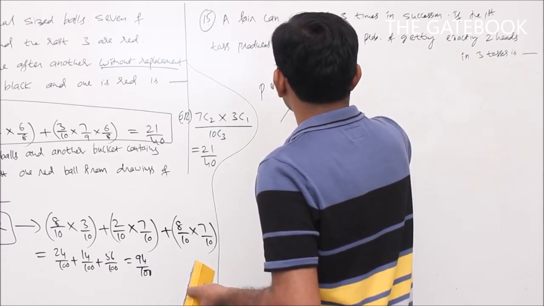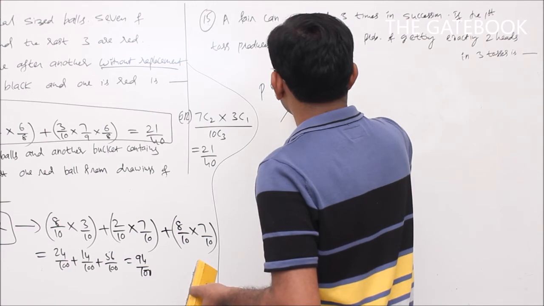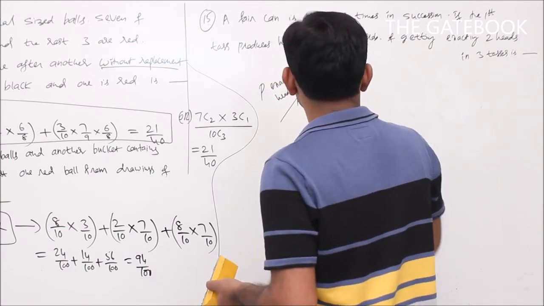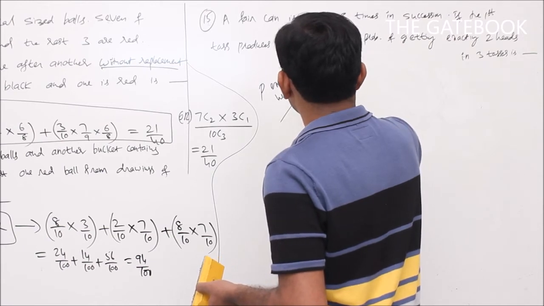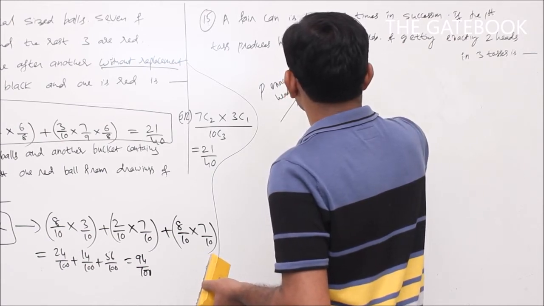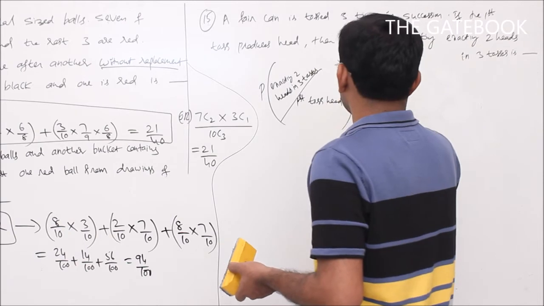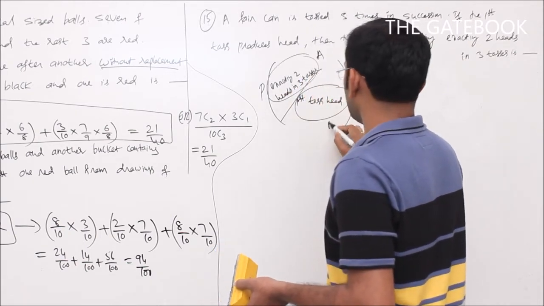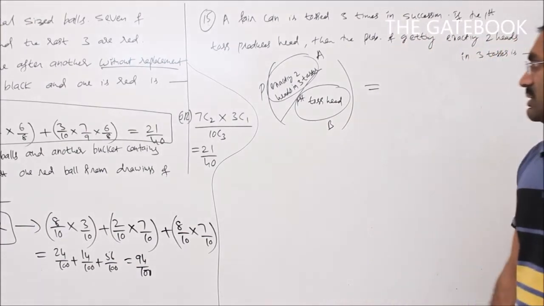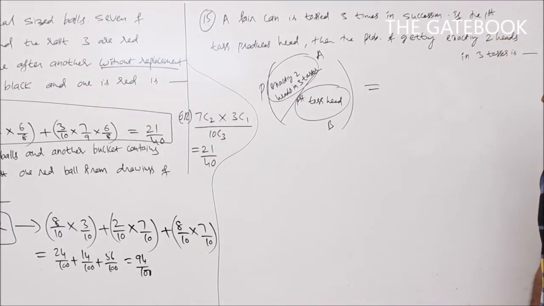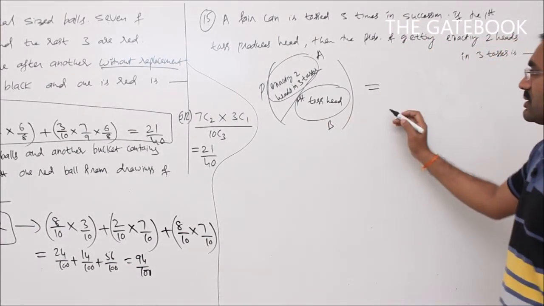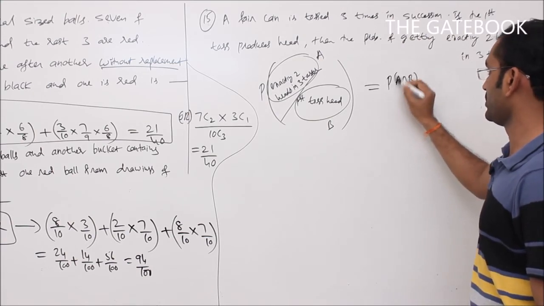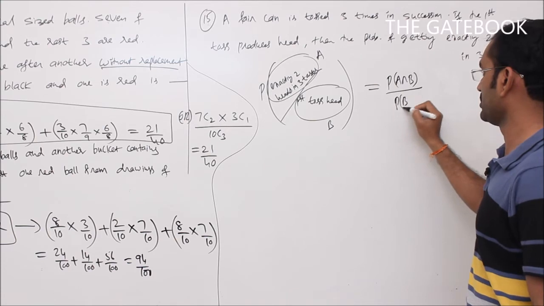This is an A event, B event. Here the event B is happening first: first toss head, exactly 2 heads in 3 tosses. So using the conditional probability definition, I can write P of A intersection B by P of B.